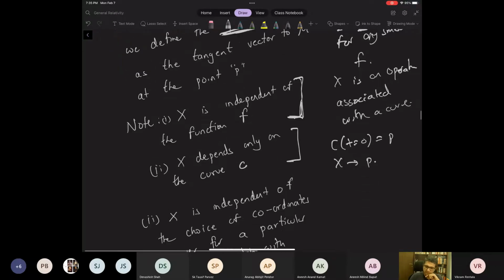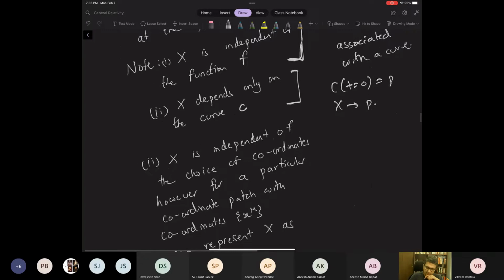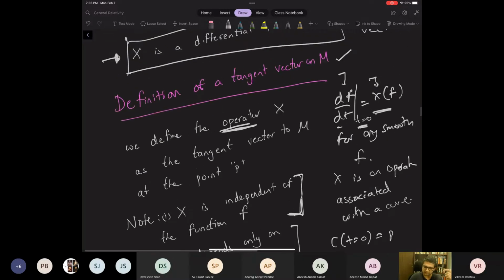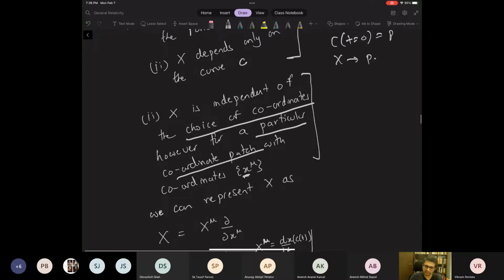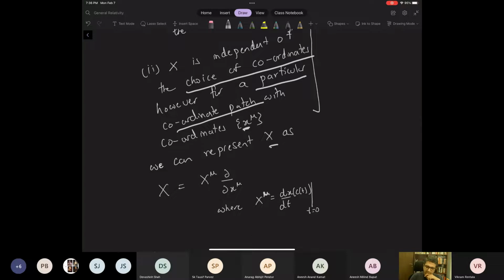The other point is that this operation X is independent of the choice of coordinates, because as I told you, this df/dt is a derivative that exists independently of any choice of coordinates that you put on the manifold. However, you can represent this in a particular coordinate patch, and if your coordinates are x^μ, then you can represent capital X as X^μ ∂_μ, where this X^μ is dx^μ/dt evaluated along the curve at t equal to 0.